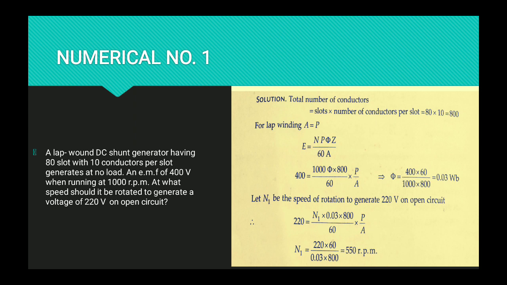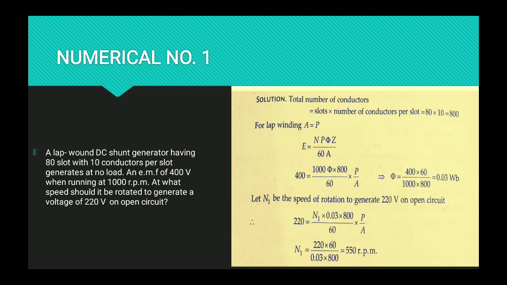So here you can see the given data. At first, the number of conductors, that is equal to Z. So 10 conductors per slot and 80 slots are present. So the total number of conductors, that is slots into number of conductors per slot, equals 80 into 10, that is 800 conductors.